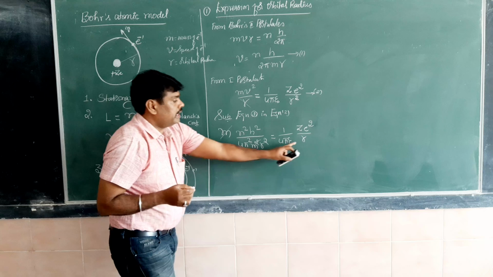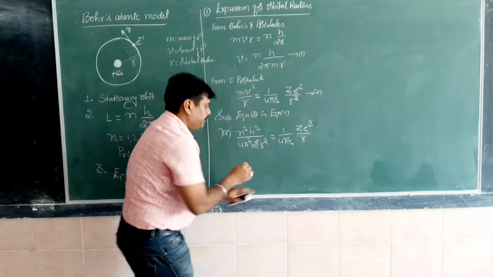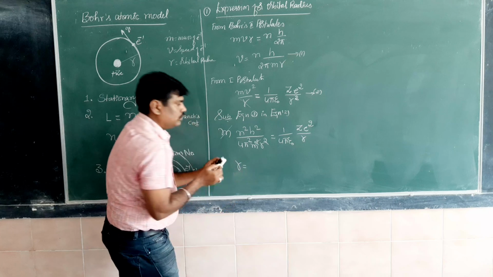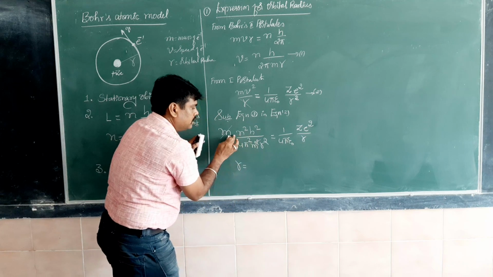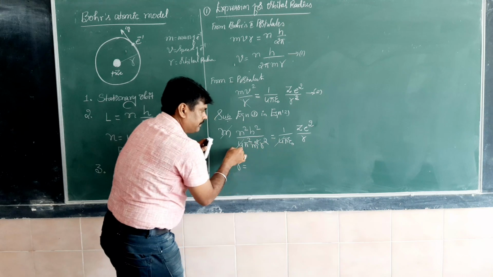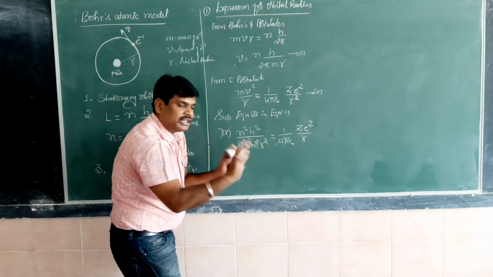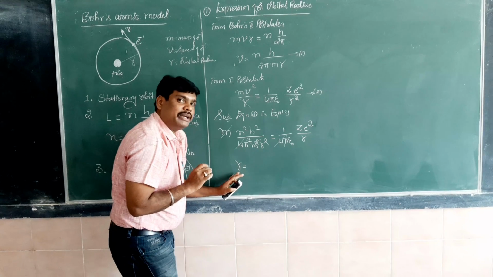Now I want an expression for the orbital radius, so you can simplify this for r. So r is equal to, see, transfer r here. So these terms will go to here. 4 gets cancelled. Pi one time gets cancelled. So write the remaining terms, you get the expression for the orbital radius.